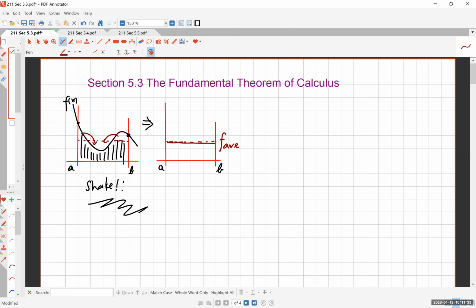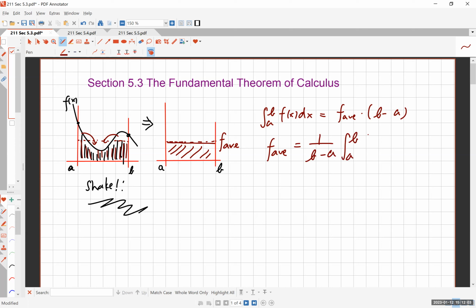And the way we want this is we want the integral, which is of course the area of this region under the curve between a and b, to be the amount of sand, which is equal to f average times b minus a, because that's just the area of the rectangle, right? So from this, we found that f average happens to be 1 over b minus a times the integral. This is very much like the average of a finite number of numbers.